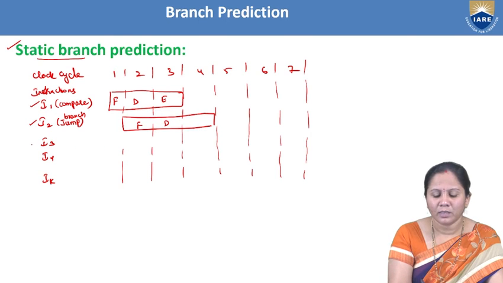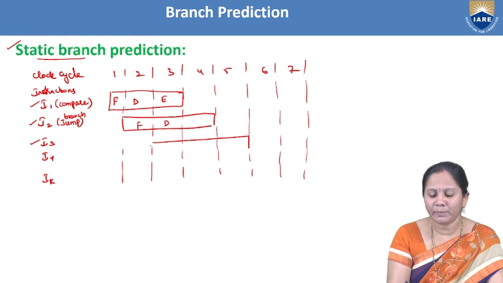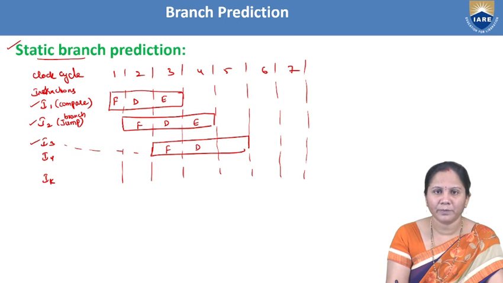and when the instruction is decoding, the I3 instruction will be fetched. When I2 is executing, I3 goes for decoding.